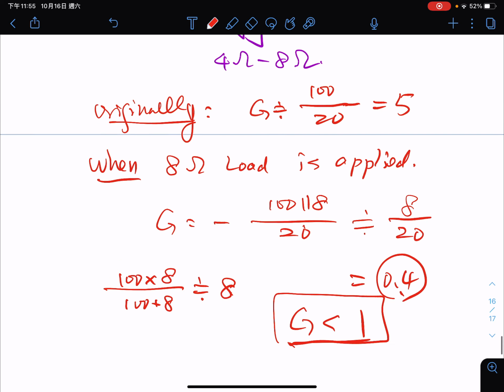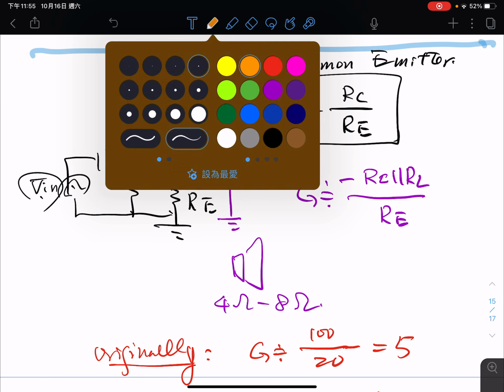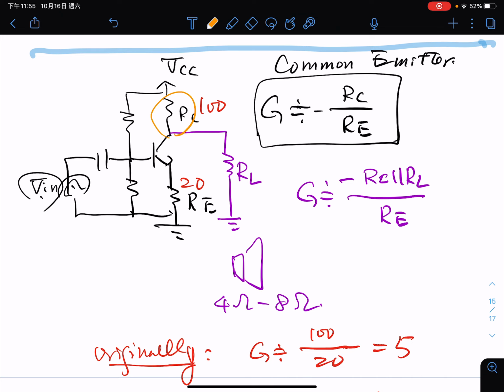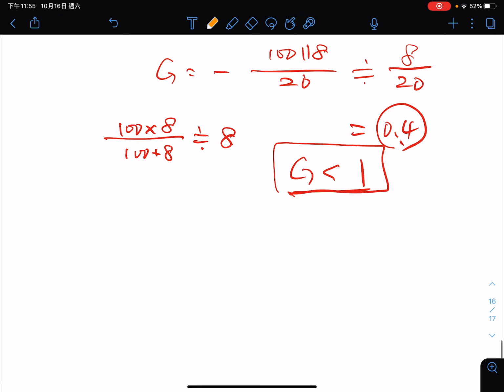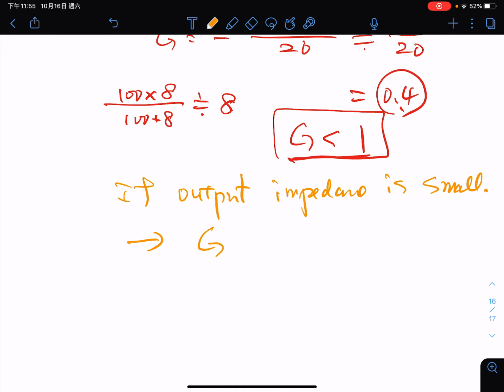So that's why the output impedance is important. So if the output impedance is small, then the gain is affected less.